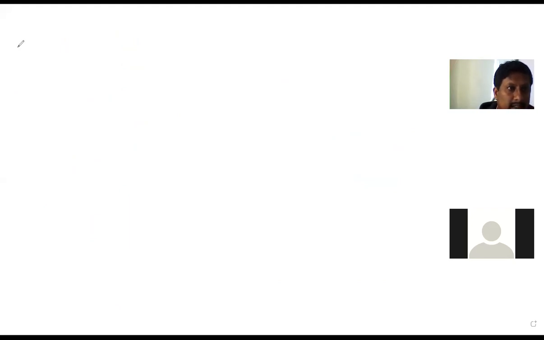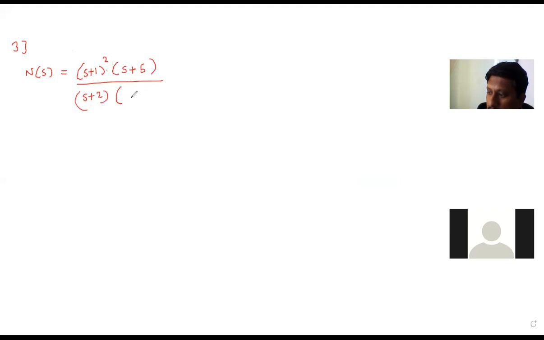N of S is equal to (S plus 1) square into (S plus 5) divided by (S plus 2) into (S plus 3 plus j2) into (S plus 3 minus j2). Okay, so this is the given network function.